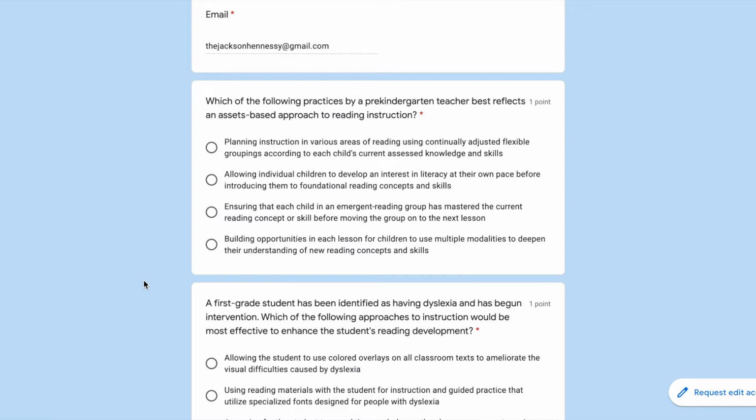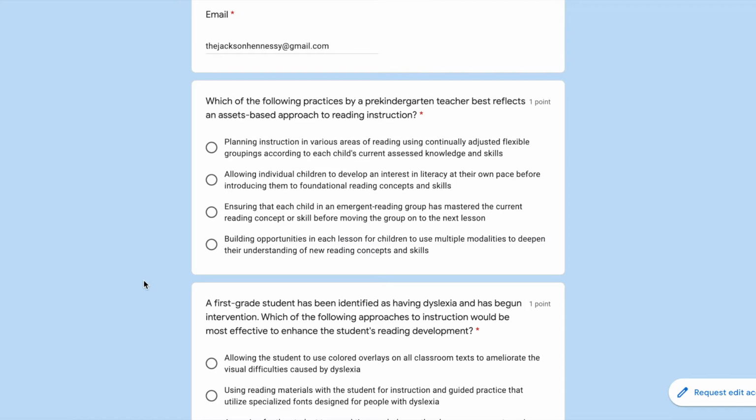Is it planning instruction in various areas of reading using continuously adjusted flexible grouping according to each child's current assessed knowledge and skills, allowing individual children to develop an interest in literacy at their own pace before introducing them to foundational reading concepts and skills, ensuring that each child in an emergent reading group has mastered the current reading concept or skill before moving the group on to the next lesson, building opportunities in each lesson for children to use multiple modalities to deepen their understanding of new reading concepts.